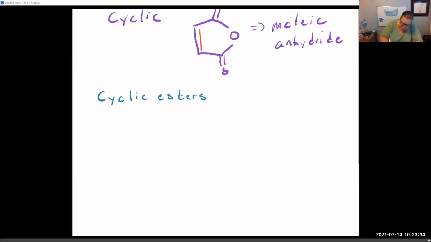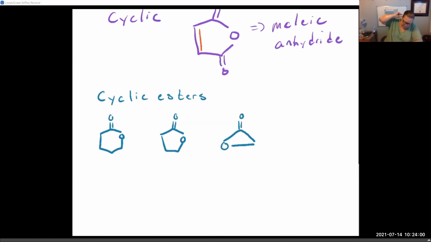They can be part of a 6-membered ring. They can be part of a 5-membered ring. And they can be part of 3-membered rings.